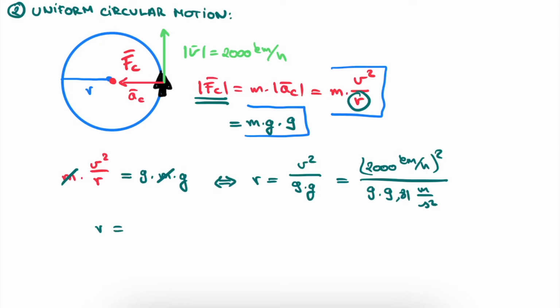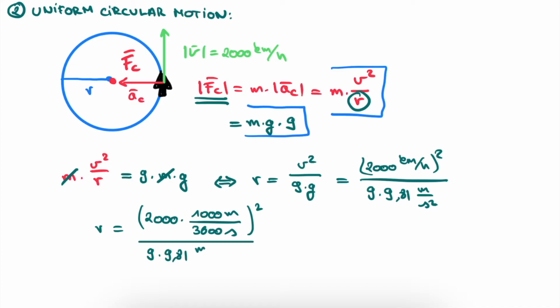R is equal to 2000 multiplied with 1 kilometer is 1000 meters, divided by 1 hour is 3600 seconds. And we, of course, should not forget to square this numerator. And we divide this by 9 multiplied with 9.81 meters per second squared. And we see at this point that the units actually check out, because we want the units of distance, which is meter.